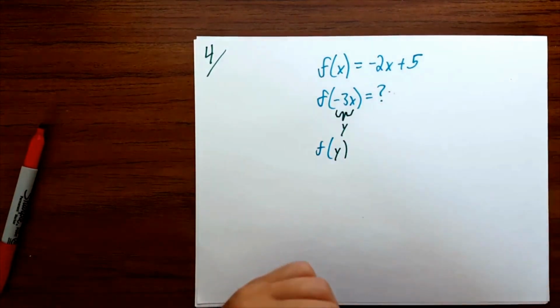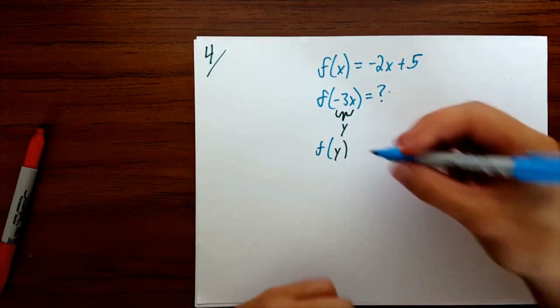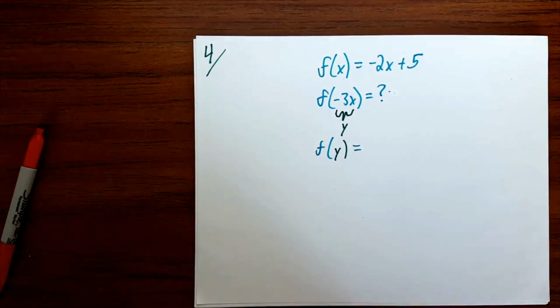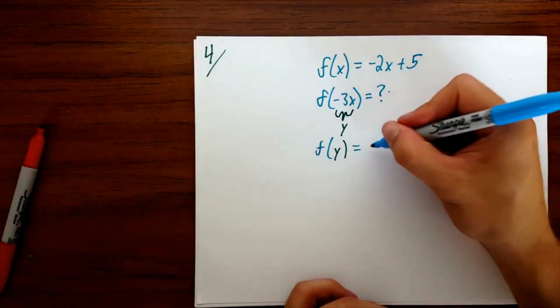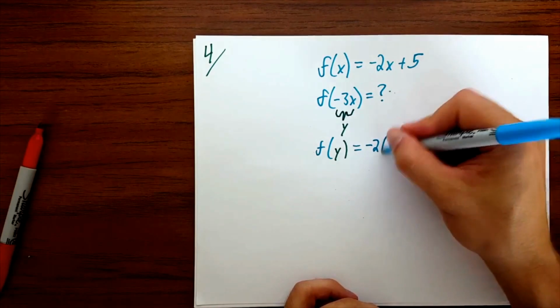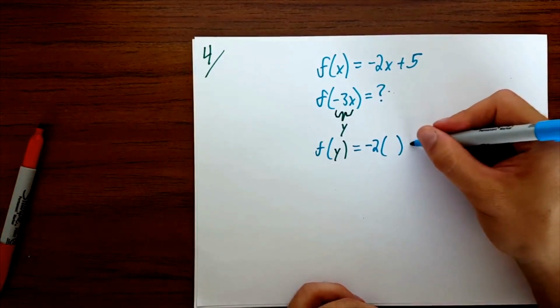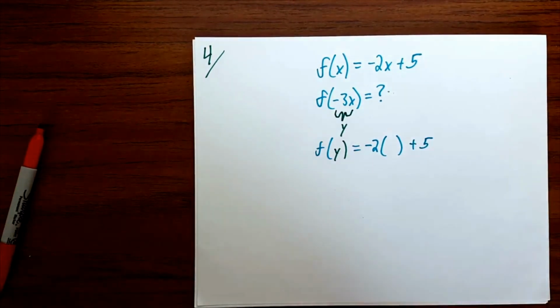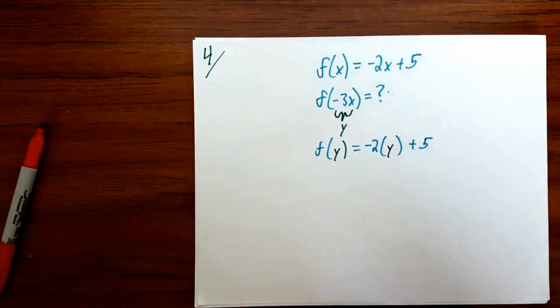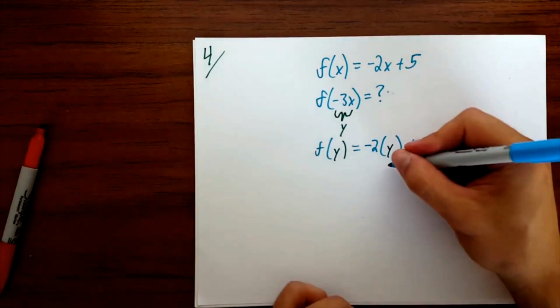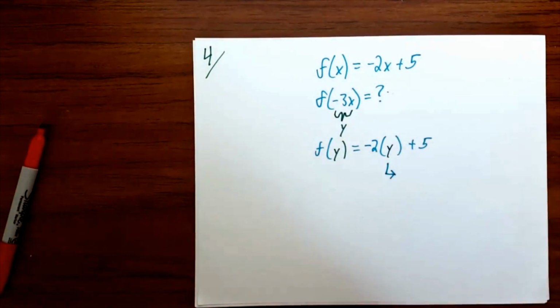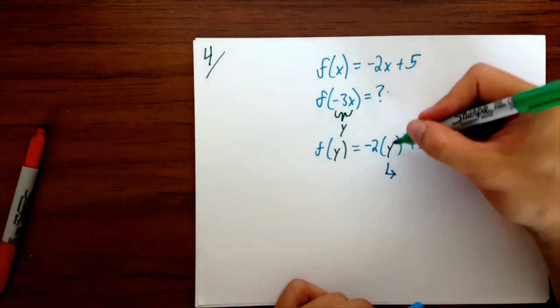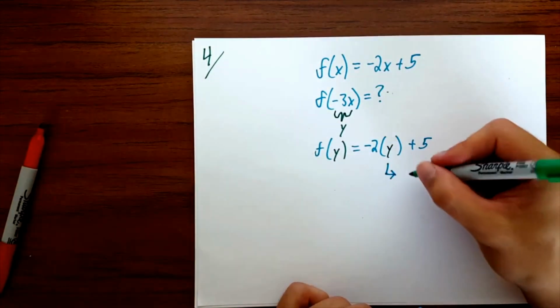Y is just some other variable, and what this is equal to is minus 2 times something plus 5. The something is just whatever your variable is, which in our case is y. Now you're going to substitute what y is, and y is minus 3x.